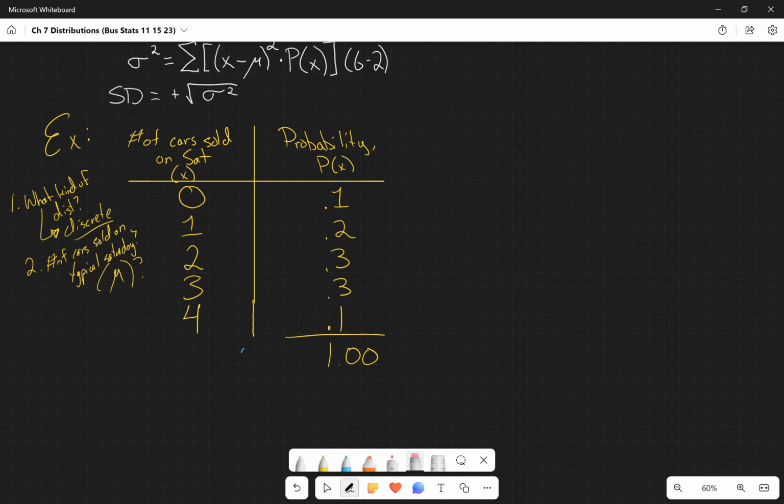We will say mu is equal to 2.1, just to have that there because we're going to need it. We'll change colors. We'll do the variance in green and get going. All right, so for the variance, we're going to need 3 extra columns. I know, so much work.